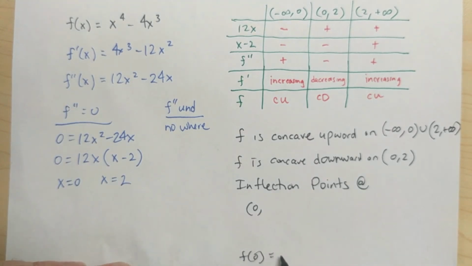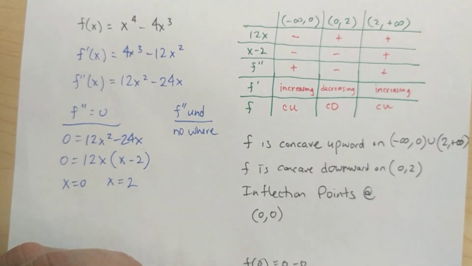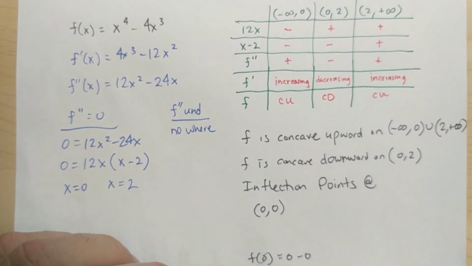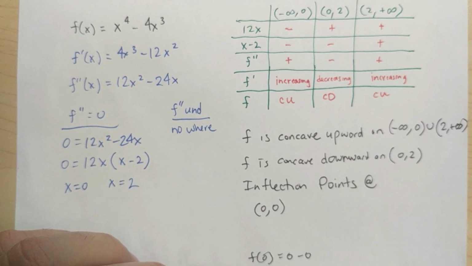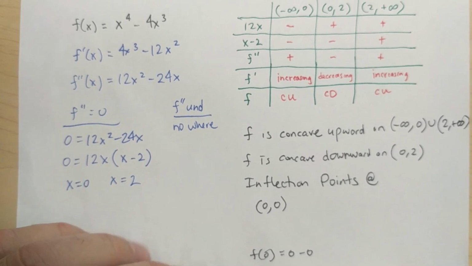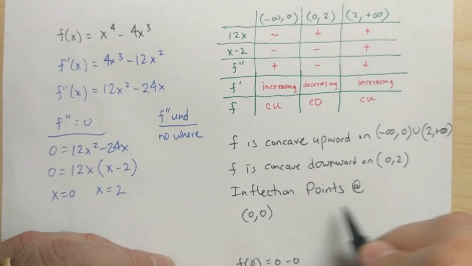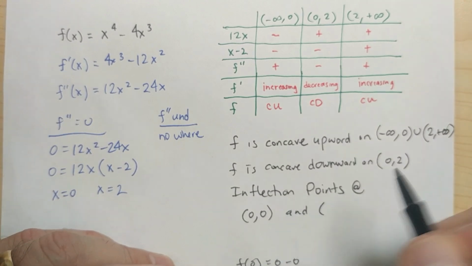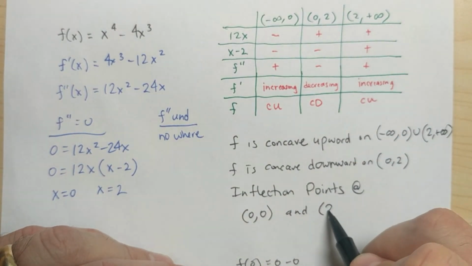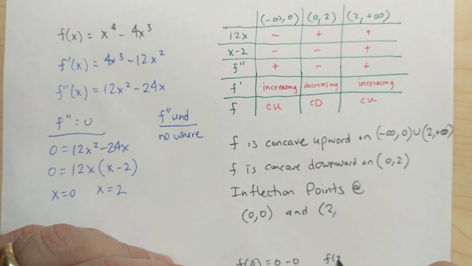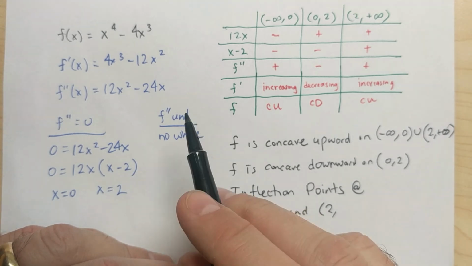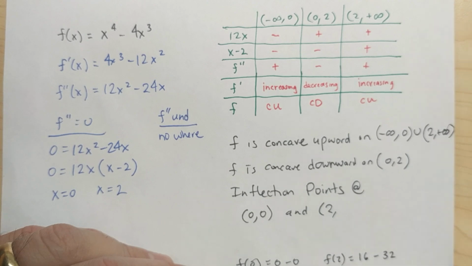So 0. And at 2, comma, f of 2 is going to be 16 minus 32, which is negative 16. And there you have it.